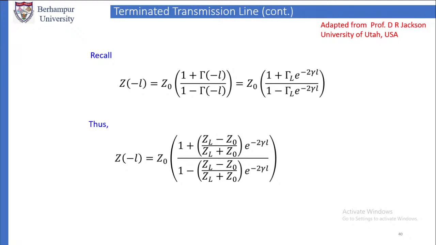Put those values for gamma L, and you get an expression in this form: Z0 into (1 plus (ZL minus Z0) by (ZL plus Z0) into exponential minus 2 gamma L) divided by (1 minus (ZL minus Z0) by (ZL plus Z0) into exponential minus 2 gamma L).